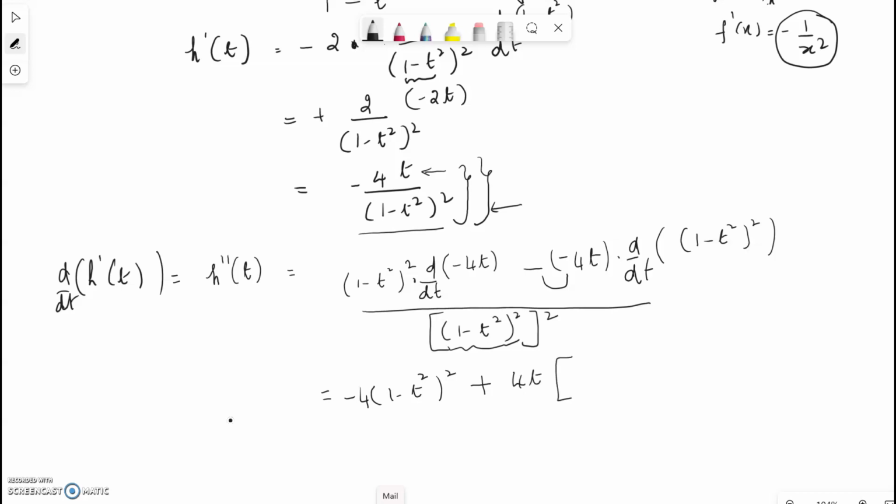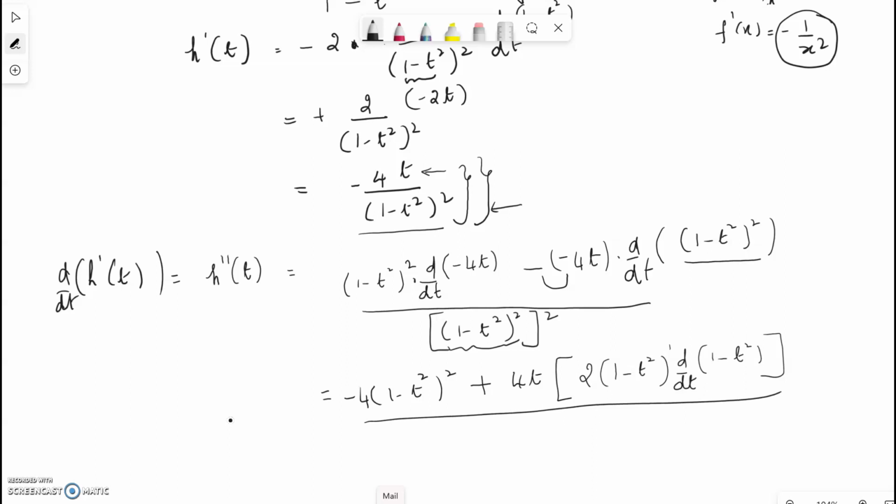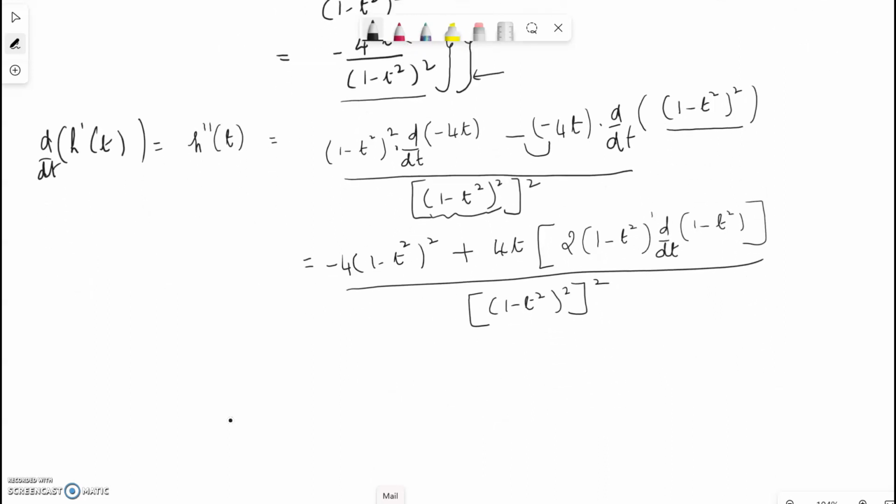So we're going to differentiate with respect to t 1 minus t squared the whole squared. So it's something squared. So it's going to be 2 1 minus t squared to the 1 times d by dt of 1 minus t squared. The whole divided by 1 minus t squared the whole squared, and we'll figure that out in a minute.